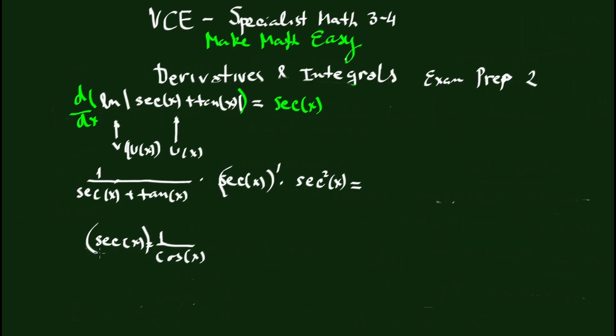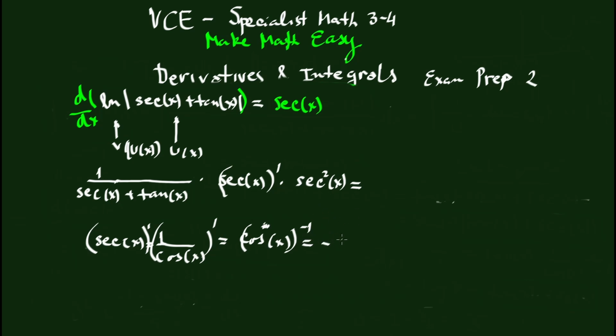So if you go first derivative, again, that's cosine of x on the power of minus 1. Again, we have an embedded function, u on the minus 1, so chain rule.